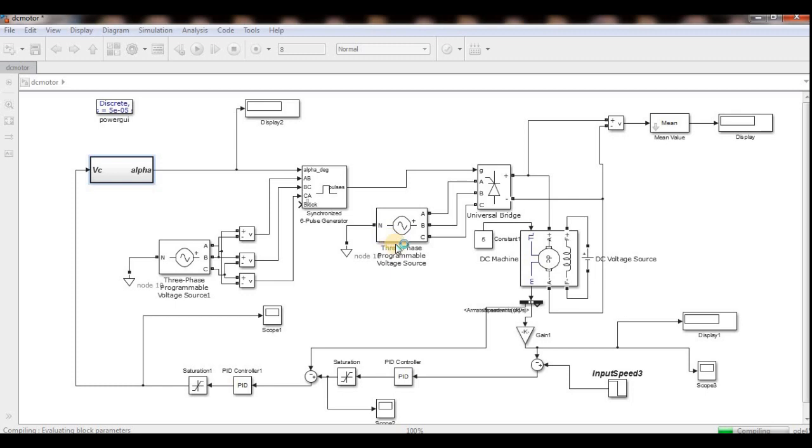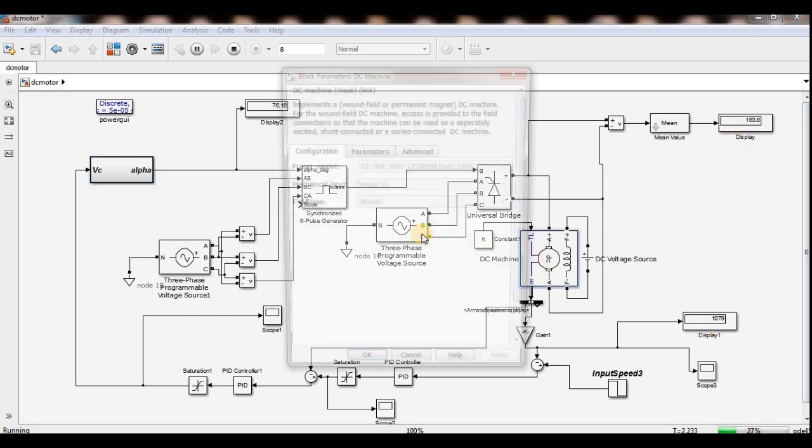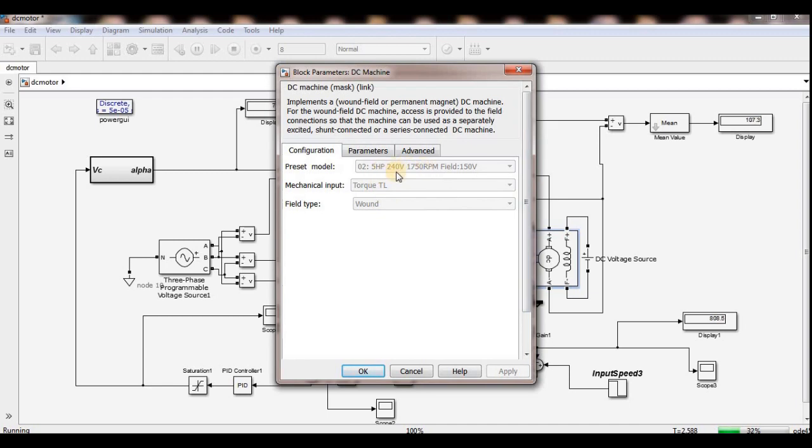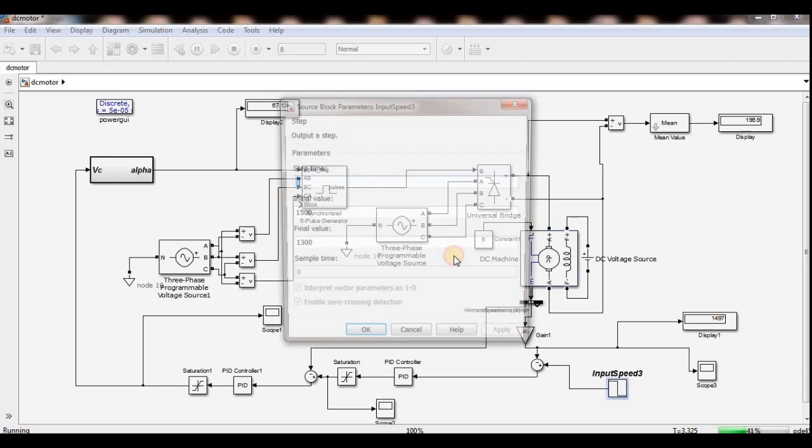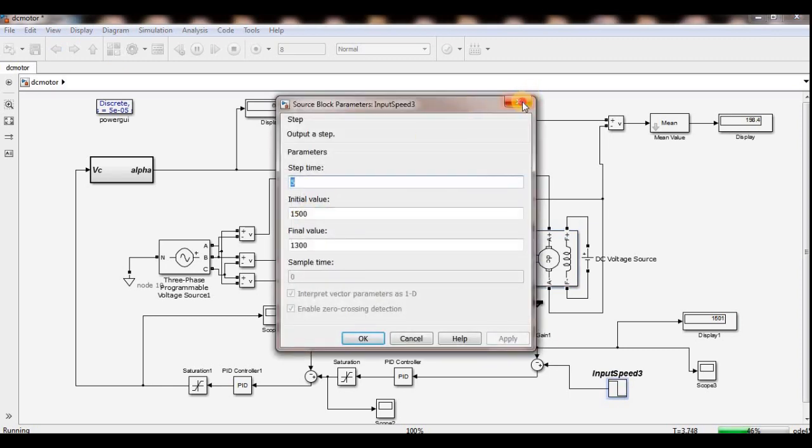This voltage can be reduced because I require only 240 volts. Maybe it can be reduced to one third or half of the voltage. I can change it. Here the alpha is 60 degrees because I want only nearly 200 to 240 volts, since at 240 volts I can get the maximum speed of 1750, but I require only 1500, so less than 240 volts.